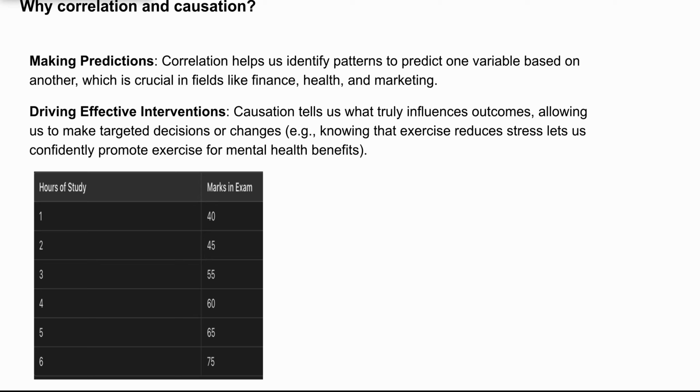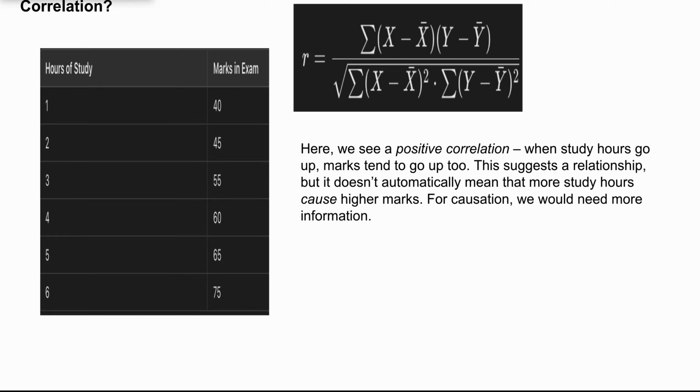Okay, so let's look into how to mathematically derive correlation. Again, looking into the same data set, you can derive correlation, Pearson's correlation, using this formula. To calculate correlation, you need the mean of the feature. Here x bar is nothing but the mean of hours of study, or any feature.